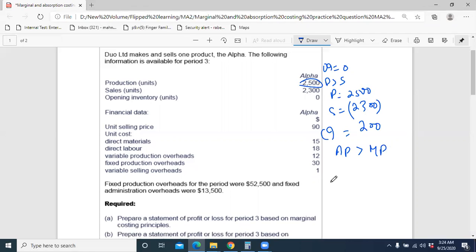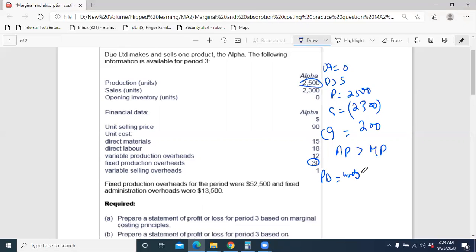And what would be the profit difference? For the profit difference, I need units in opening, units in closing, and the third thing I need is the standard fixed overhead absorption rate, which is 30 per unit. Now I can tell you absorption profit will be higher, but by what amount?